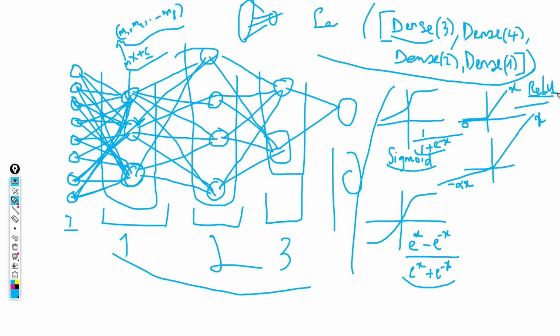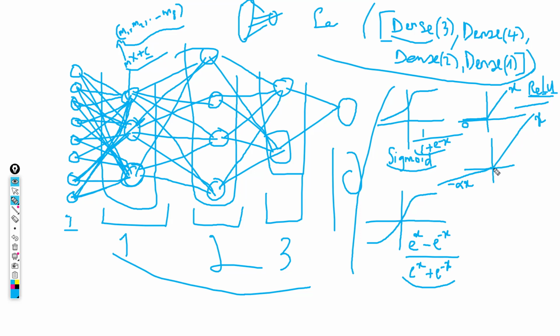rectified linear unit, and the leaky ReLU. So we could have this ReLU, that is when x is greater than 0, we maintain x, that is x remains the same, or the output equals the input. But when x is less than 0, the output becomes 0. Now here for the leaky ReLU, when x is greater than 0, the output is the same.